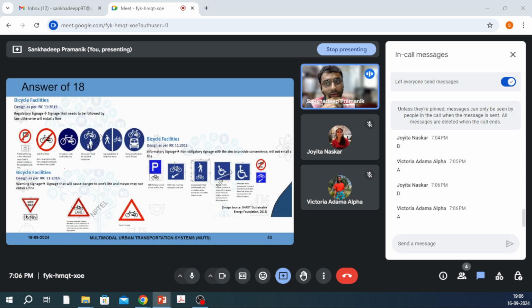There are three kinds of sign we have talked about: regulatory sign, warning sign and informatory sign. Regulatory signs are signs that need to be followed by law, otherwise they entail a fine. Then comes the warning sign. This signage warns of danger to one's life and may or may not entail a fine.